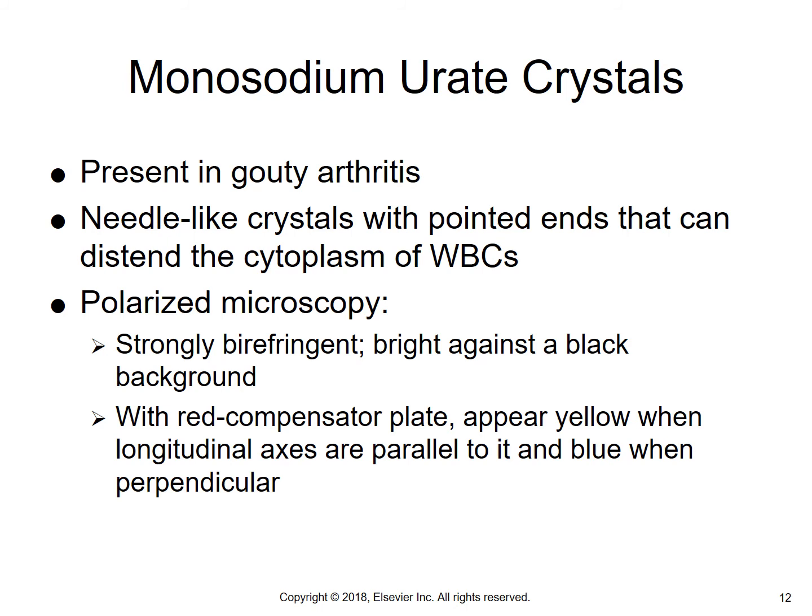You will see bright crystals against a black background with a compensator. These show negative birefringence and appear yellow when their longitudinal axis is parallel, and they appear blue when their longitudinal axis is perpendicular to it.